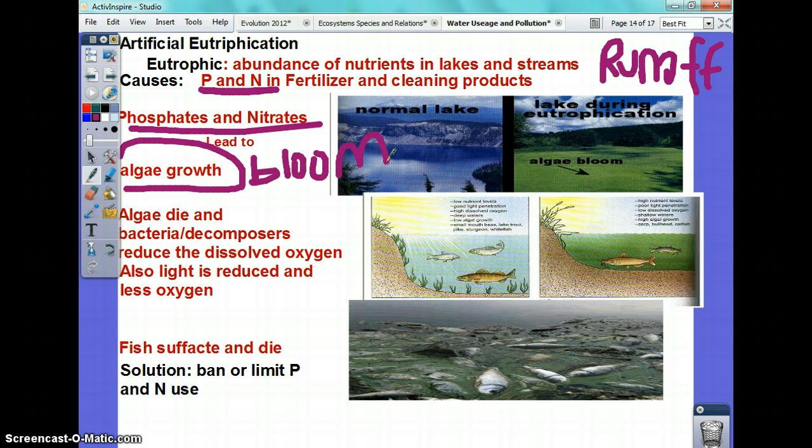When you're overpopulated, you lose resources, so the algae dies. Then in order for that to be decomposed, oxygen demanding bacteria break down the algae. So there's less oxygen in the water and fish end up suffering.